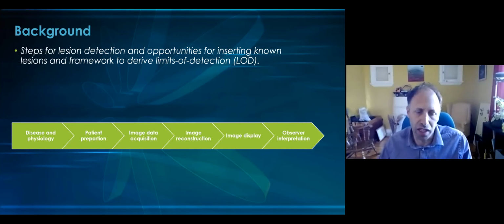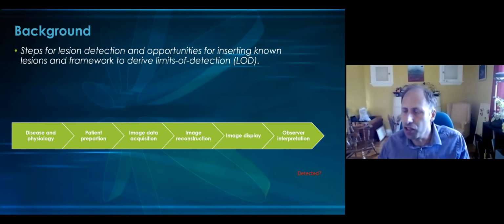The image you'll get in the end depends on every one of these steps. You can really influence the type of image you'll get at the end. And the end result we're dealing with in this presentation is, well, there's a lesion in the image, and can you detect it or can you not detect it?